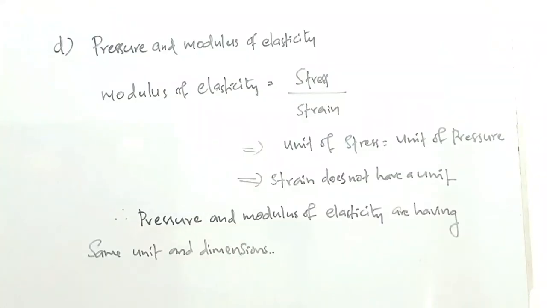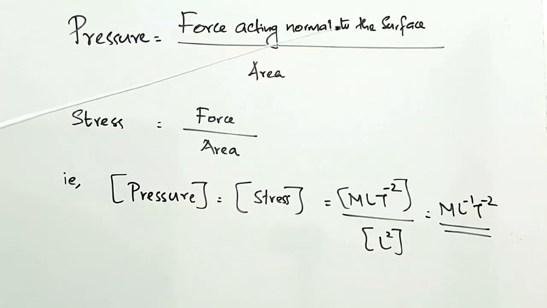Okay, listen here, pressure and modulus of elasticity. Modulus of elasticity is equal to stress by strain. Now here the unit of stress is the same as the unit of pressure. Pressure equals force acting normal to the surface by area, and stress is force by area.